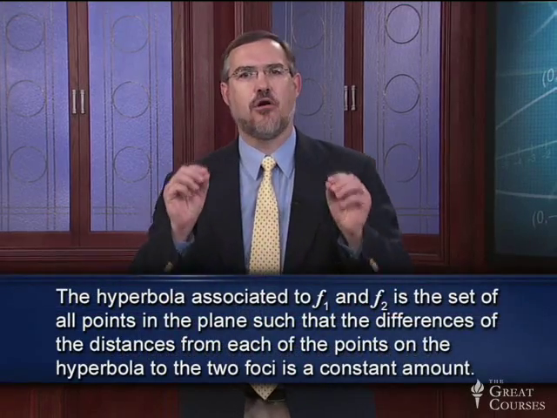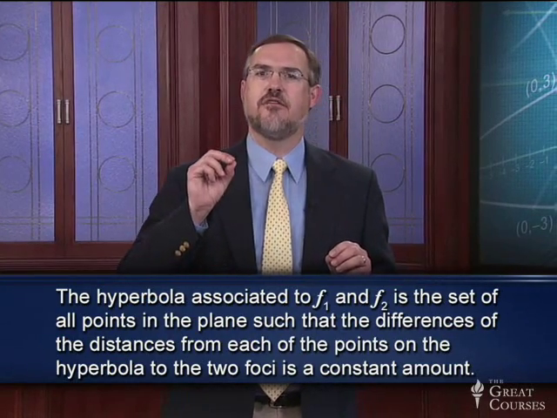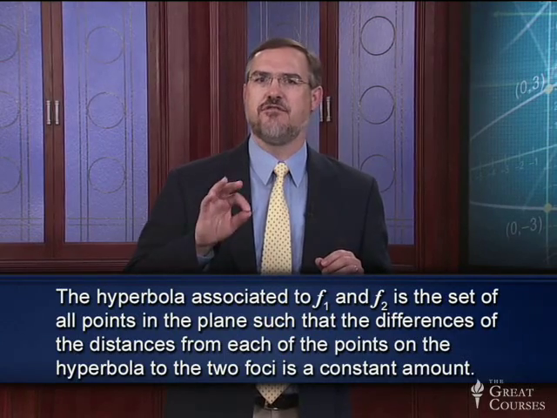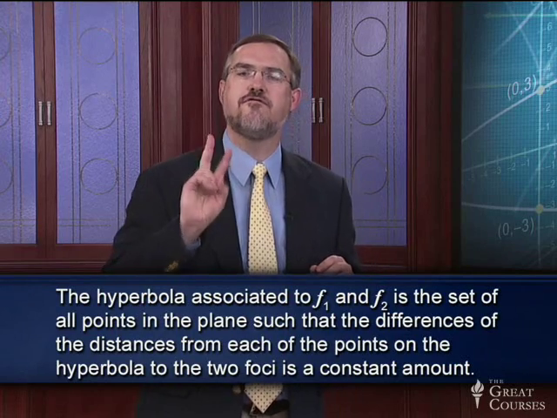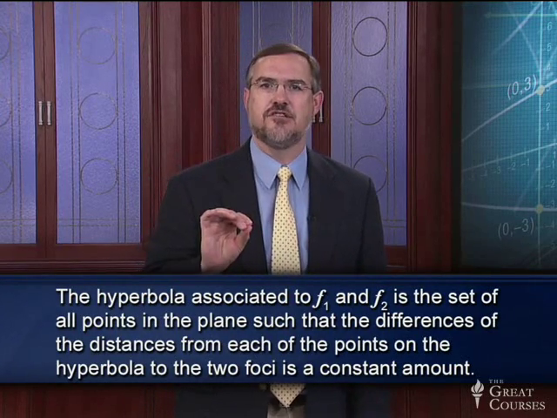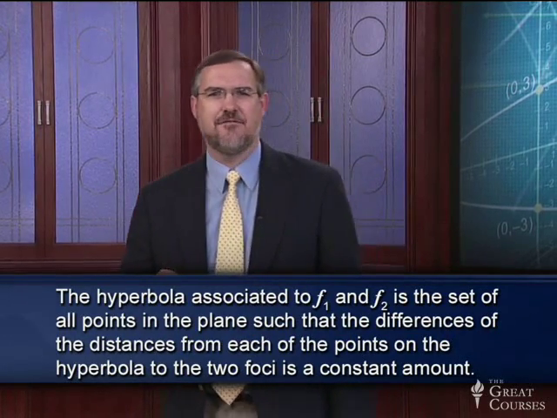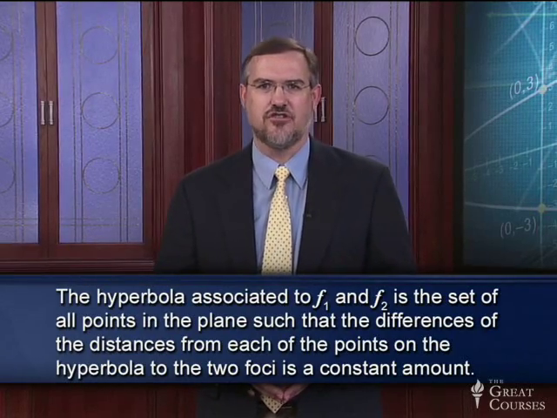Now, the hyperbola associated to F1 and F2 is the set of all points in the plane such that the difference of the distances from each of the points on the hyperbola to the 2 foci is a constant amount. That's probably going to be the most complicated definition of a conic section that we're going to see with any of the 4 conic sections. As I said, I don't want to focus too much of our attention on these geometric definitions.